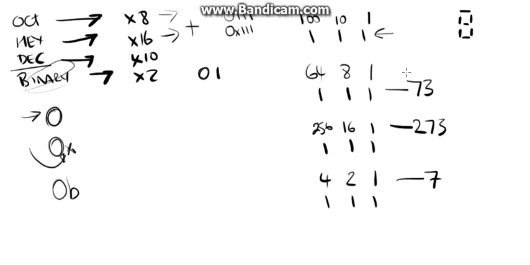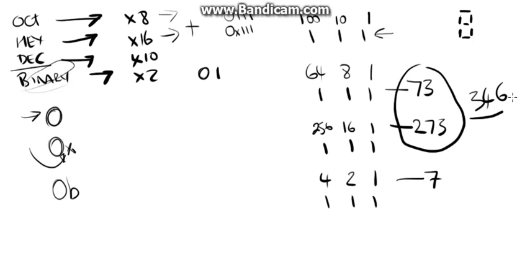Easy, because we can use these two decimal numbers and add them together. 3 and 3 is 6, 7 and 7 is 14, and 2 with the carried 1 is 346. So let's remember that number.